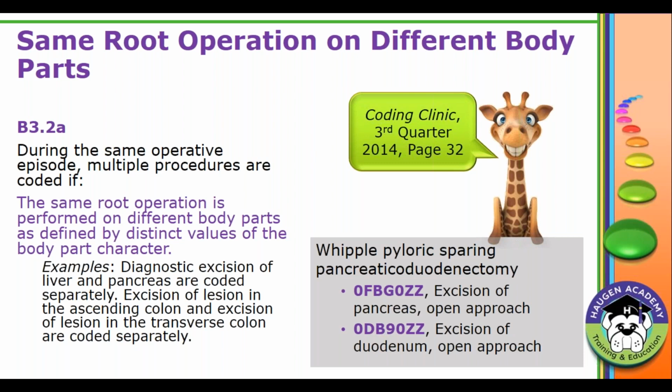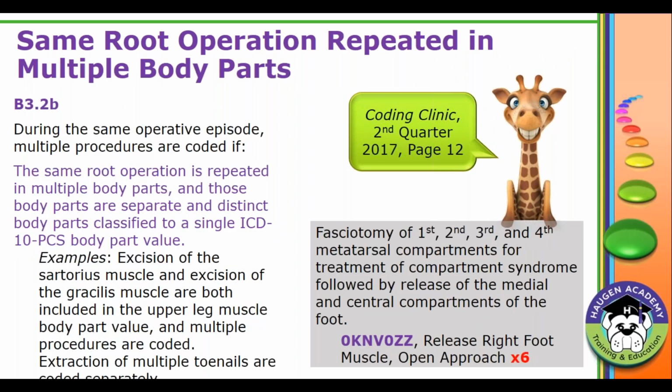Our next coding guideline about multiple body parts is B3.2b that says that you can code multiple procedures if the same root operation is repeated in multiple body parts, and those body parts are separate and distinct body parts classified to a single ICD-10 PCS body part value.